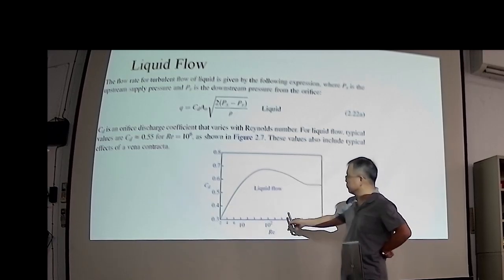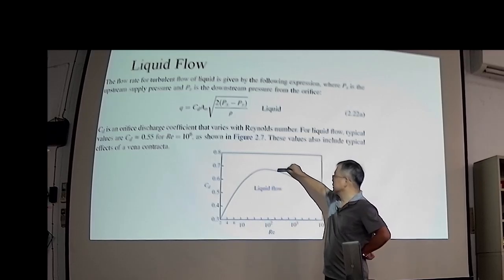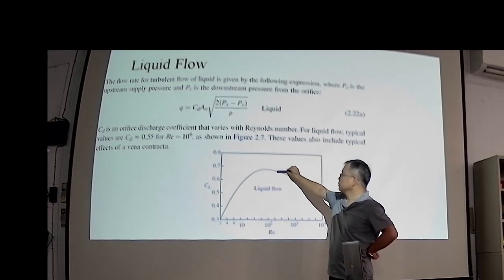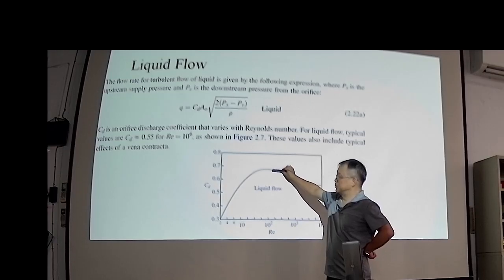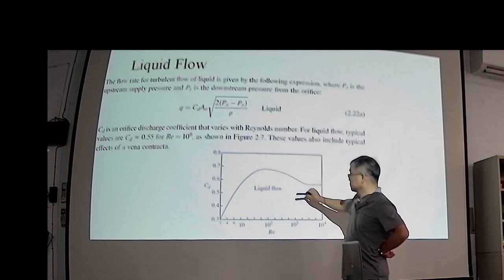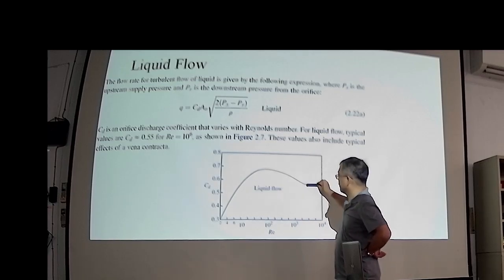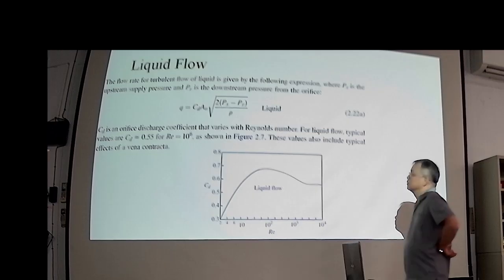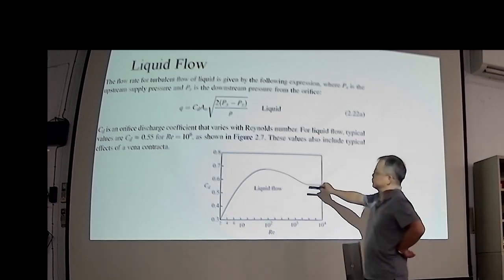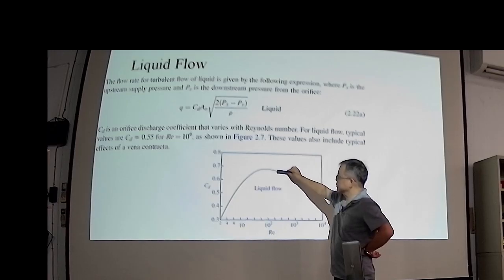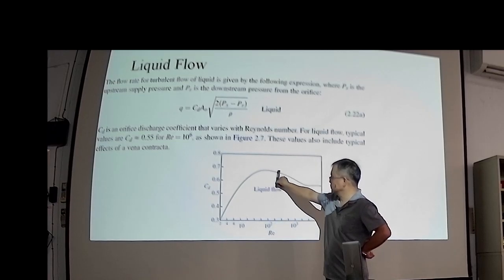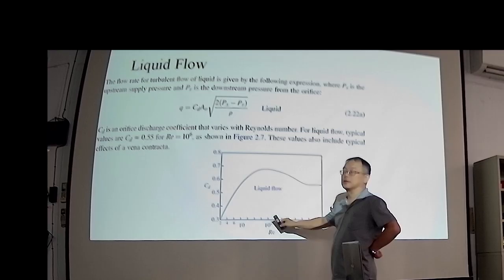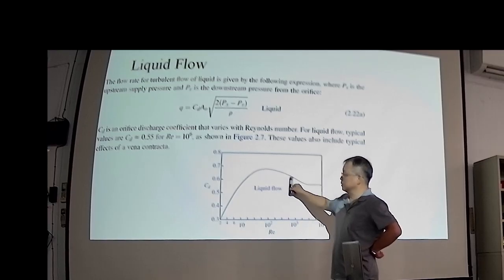And in this area, the CD falls between these two numbers. So we should mark this 2,000. This is the range of turbulent flow.